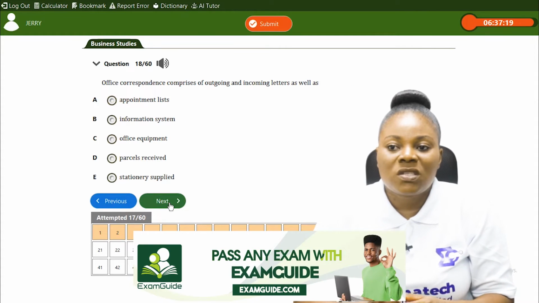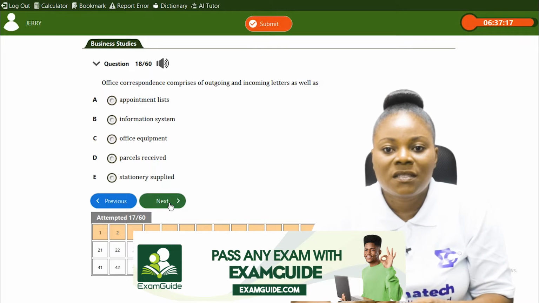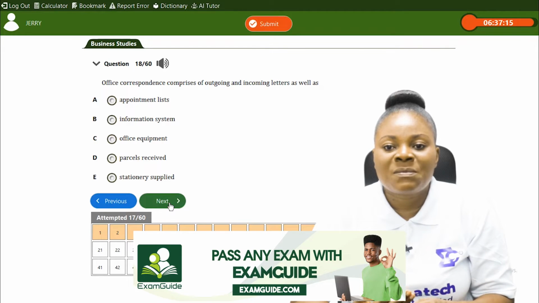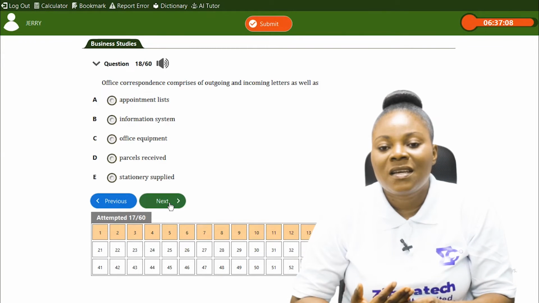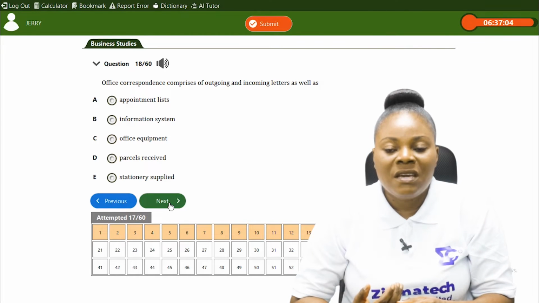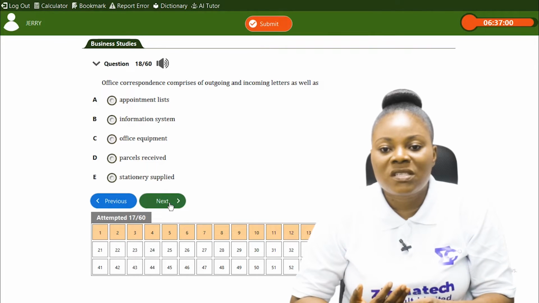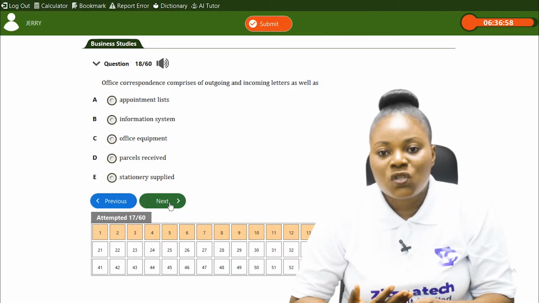The next question, question 18, says, office correspondence comprises of outgoing and incoming mails as well as dash. A, appointment list. B, information system, office equipment, parcels received, stationery supplied.